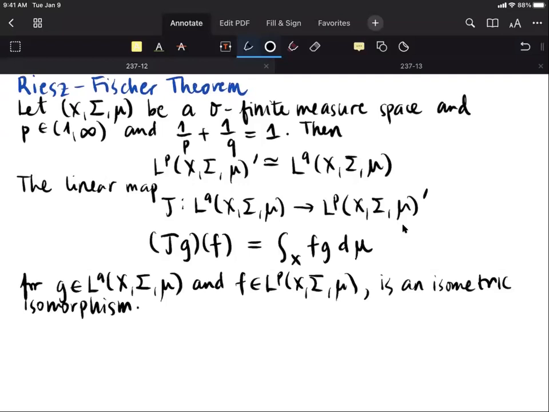Here, this integral on the right mimics the L2 inner product, but instead of L2 functions, we have an LP and an LQ function. Of course, you can see that this integral is well defined by virtue of Holder's inequality.